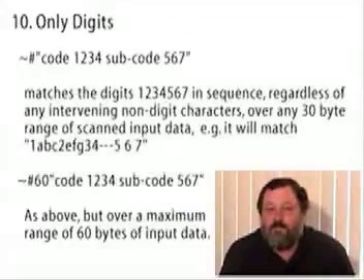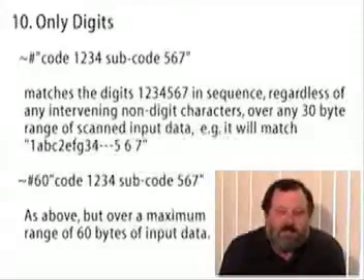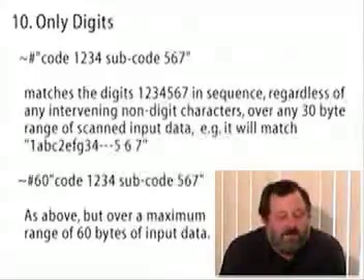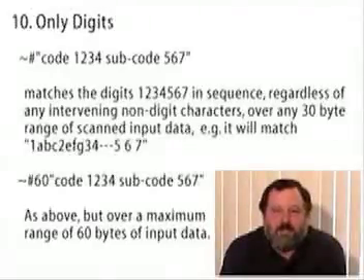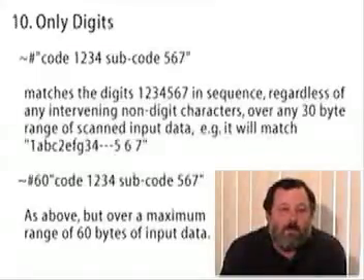The maximum range of input data to be considered can be optionally specified after the $ and before the string of digits. In the first example, $# and then in quotes a sequence of letters and digits. The code and the subcode words are ignored in that VDL, and only the numerical digits are part of the pattern that's going to be detected.